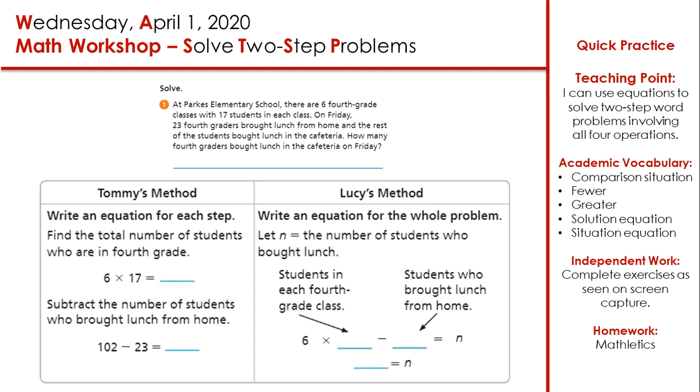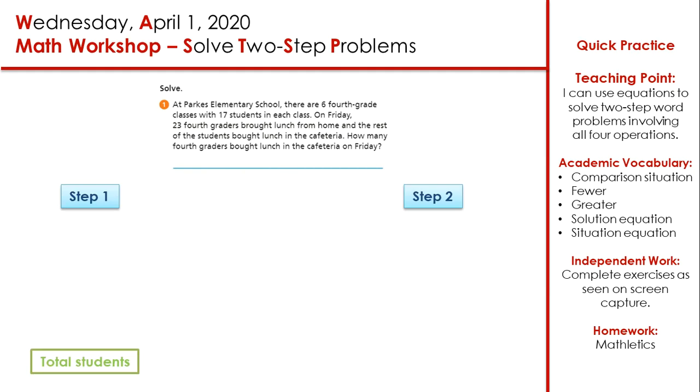So the first step that I will try will be that I'm going to multiply the 6 classes times the 17 students in every class. Since I don't know what the product is, I will represent that product with letter P. I will write this equation in the vertical form so I can easily multiply this.